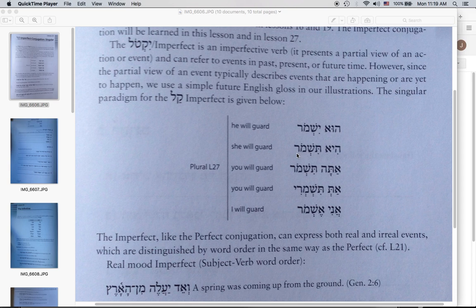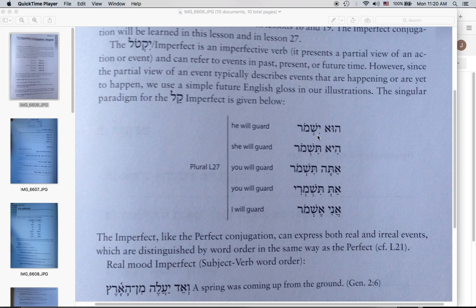So you'll have to look at your context, find your subject, if there is a subject in the clause, or based on the previous clause. Figure out who the subject of the verb is, and then you'll be able to decide if it's third feminine singular or second masculine singular. This is probably the trickiest part of the imperfects, that these two look exactly the same. So tishmor and tishmor, she will guard or you will guard.